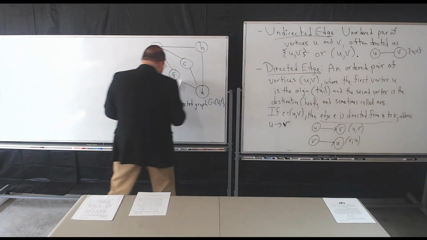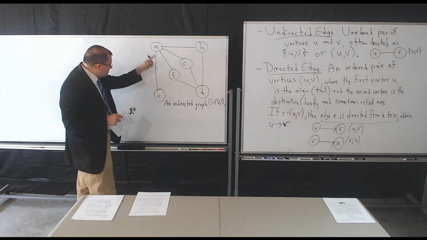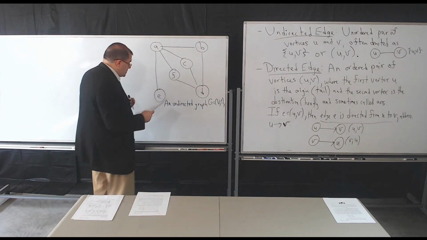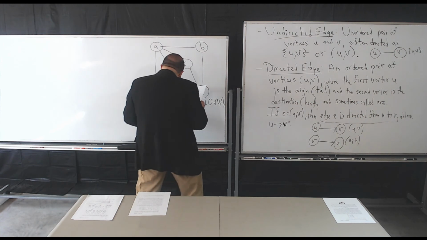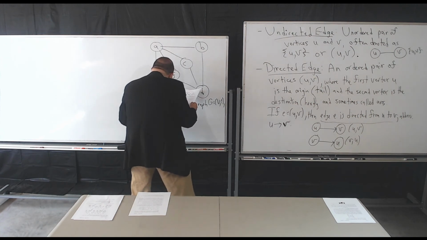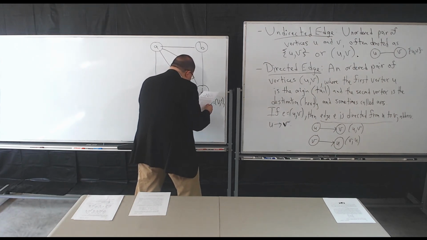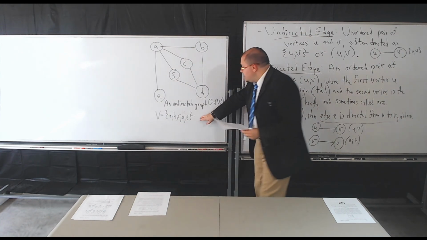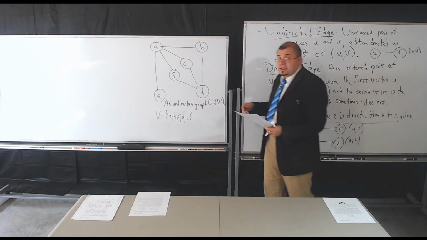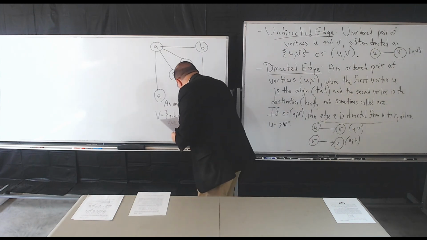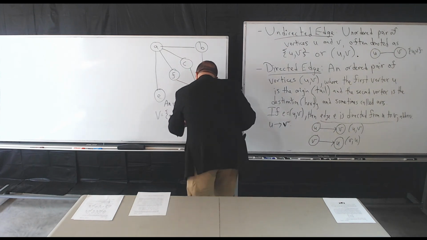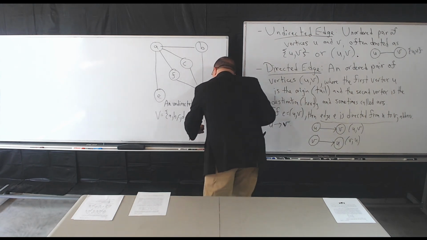What is V here? Remember, the vertices are these circles, or they can be dots as well. Somebody might not necessarily label them for you, but very often in our settings, they will be. So V would be the set {A, B, C, D, E, F}. Those are all the vertices.